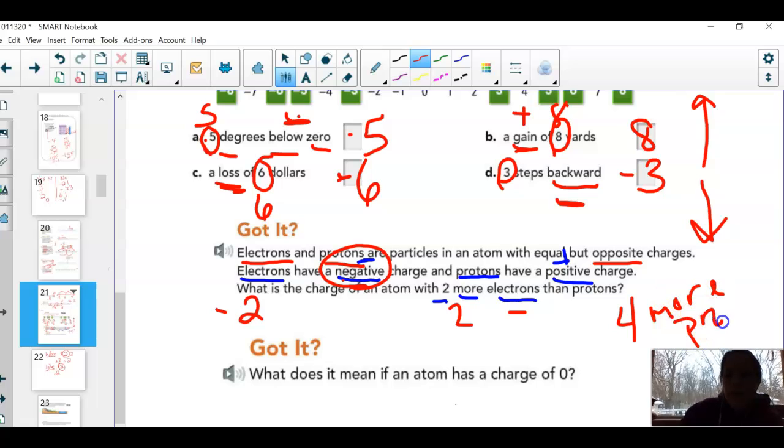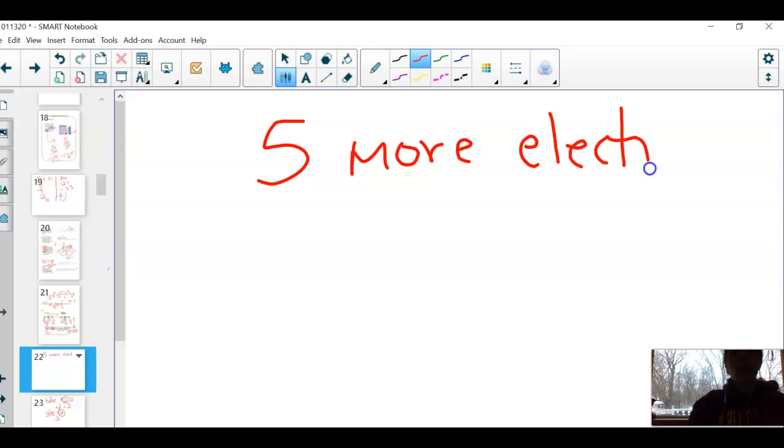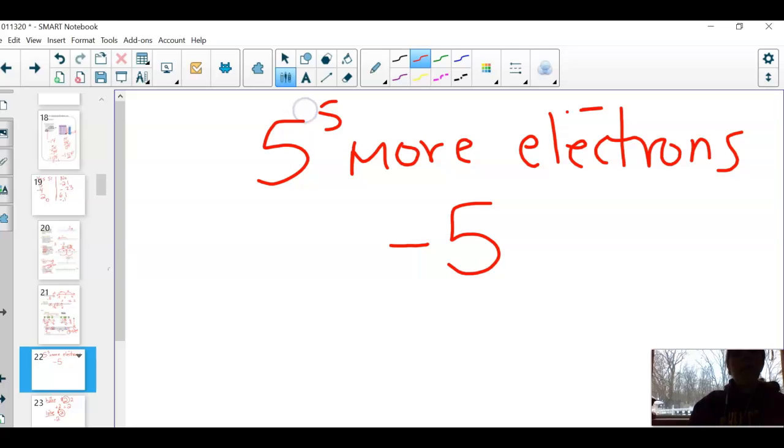Okay, if I had 4 more protons, protons are positive, and I have 4, so it'd be +4. What if I had 5 more electrons? What do you think it would be then? It would be -5, because electrons are negative.